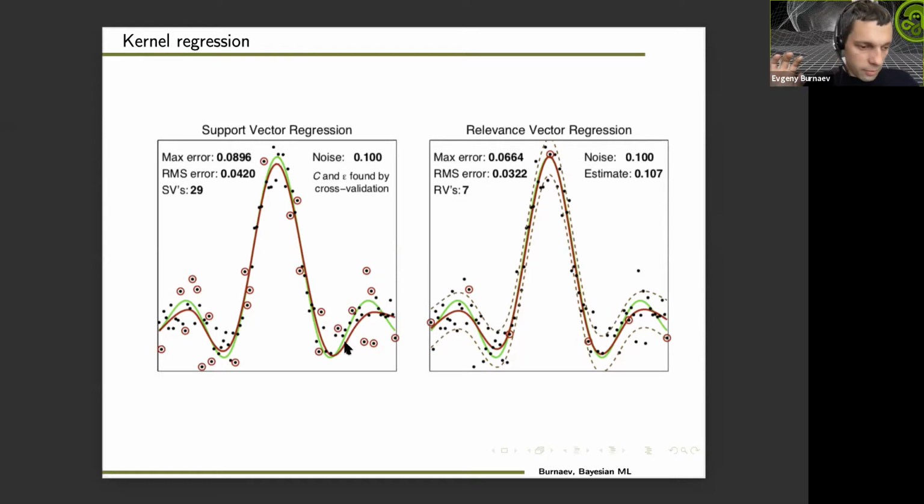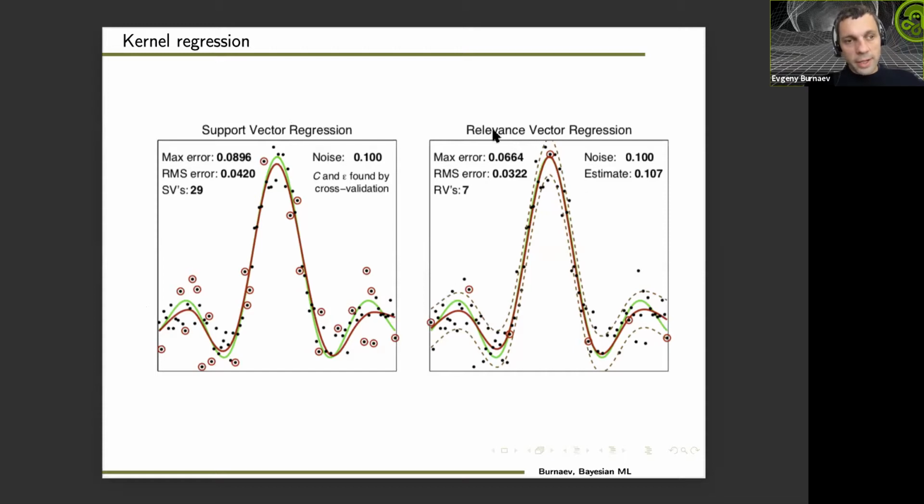Only for these sample points, the corresponding basis functions will stay in the model. For all other sample points, the corresponding coefficients will be equal to 0. When we use this noisy sample and construct the model, we observe that around 29 support vectors are used to construct the approximation.